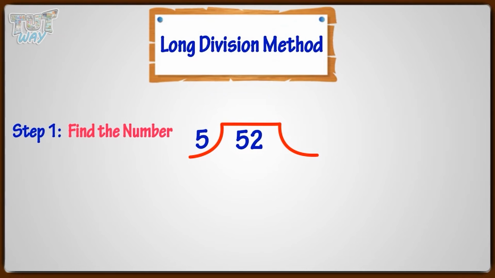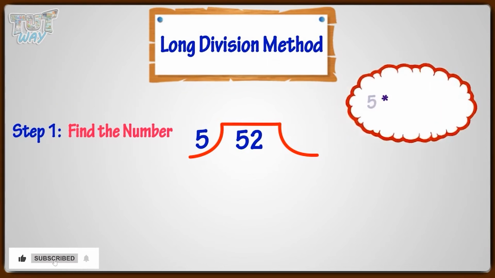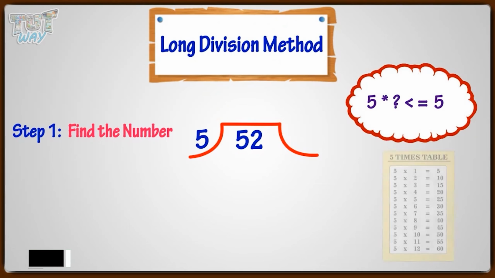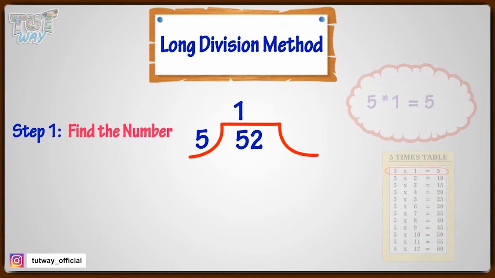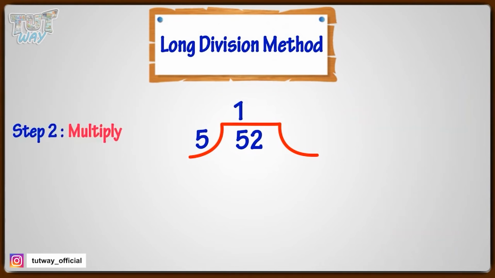Let's start. First step is find the number. That is, find how many times the divisor can go into the first digit of dividend. Think this way. 5 multiplied by what gives us a number which is less than or equal to 5? So 1 is the number we want. Write it in the quotient. Now the second step is multiply.